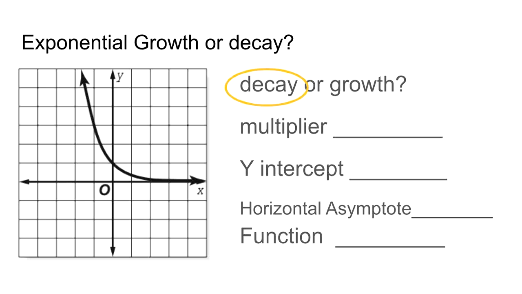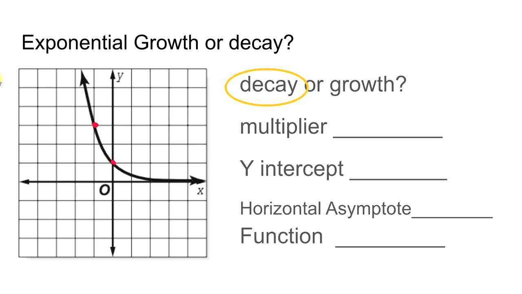If I take a look at this one, once again, you'll notice that I've got a point here, and then if I go to this point here that's 1 away, the x's changed by 1, and here I went from a 3 to a 1, so it looks like I'm multiplying by 1/3 every time.